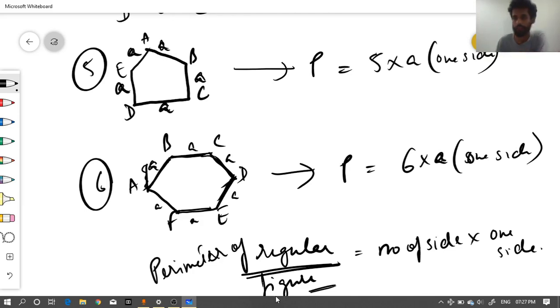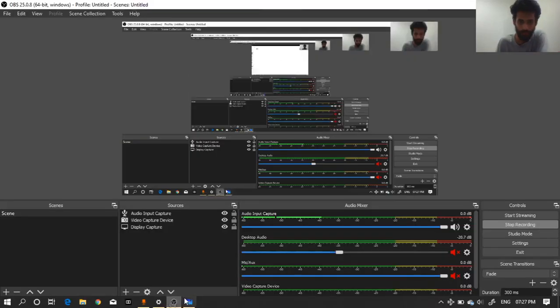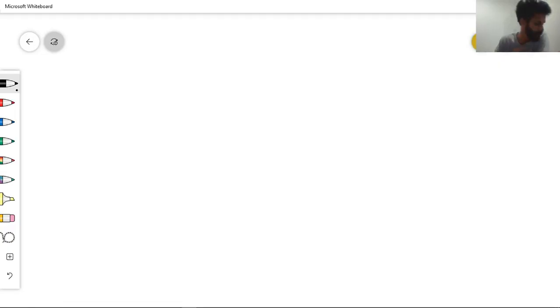Some figures are given on page number 251. You see, test your understanding. There are some questions given.